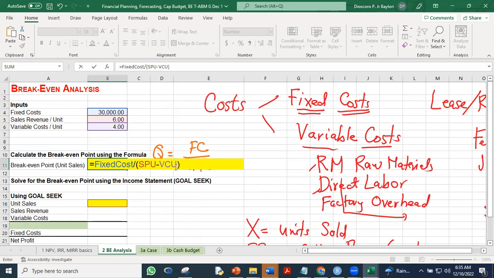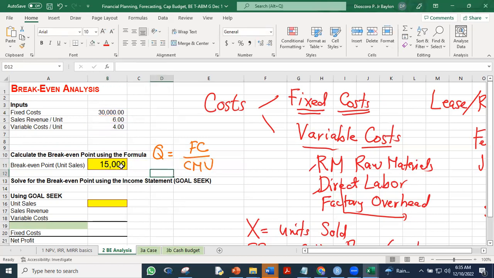Or this is known as your contribution margin per unit. Enter. Okay, so we need to sell 15,000 units in order to break even.